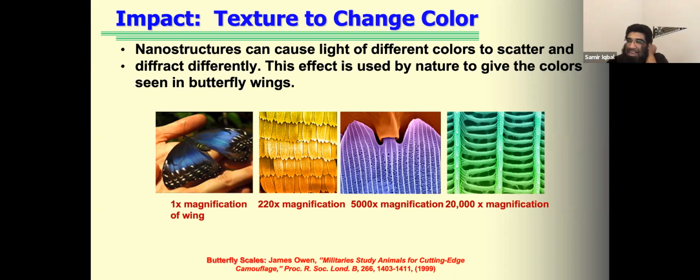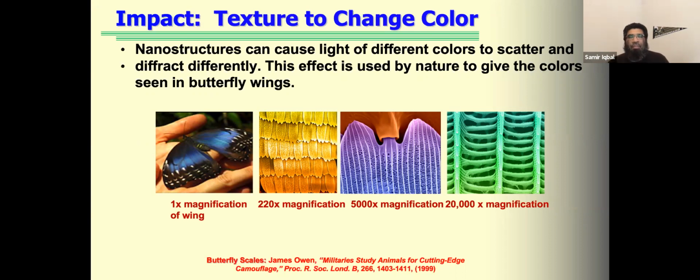So by putting nanoscale features, we can get different colors from the same material. Just by making features at small scale, we can play with the wavelength of light. We can play with how light interacts with the surfaces of those structures. That's also already happening.